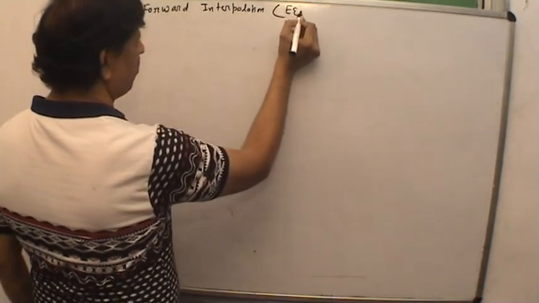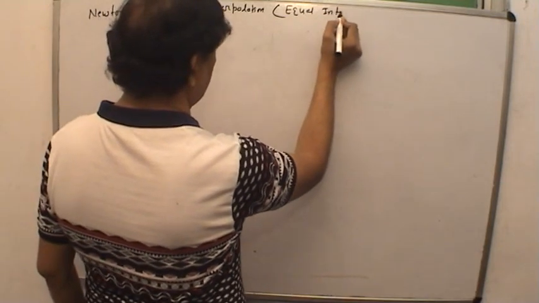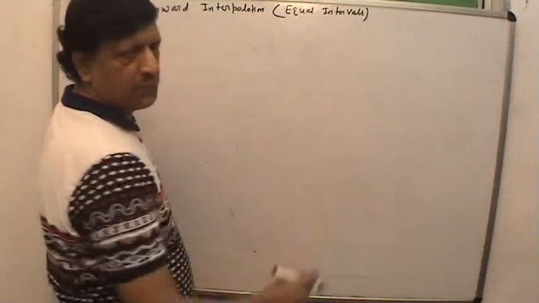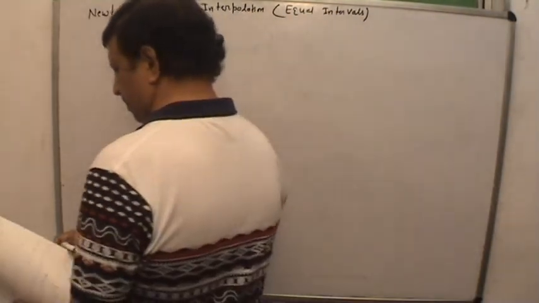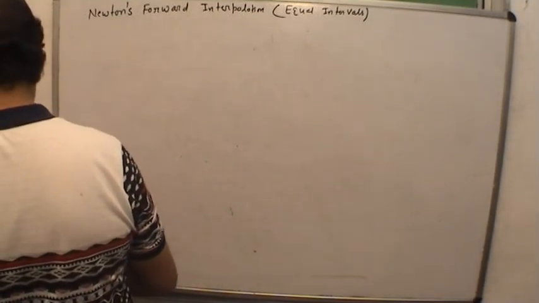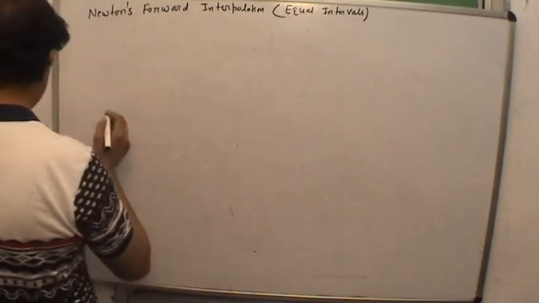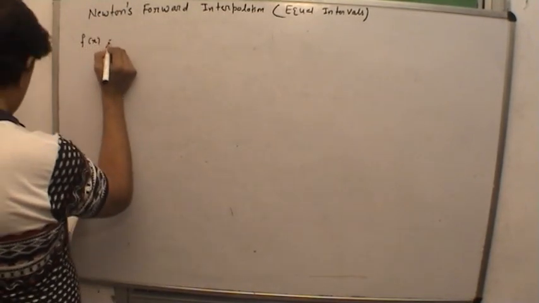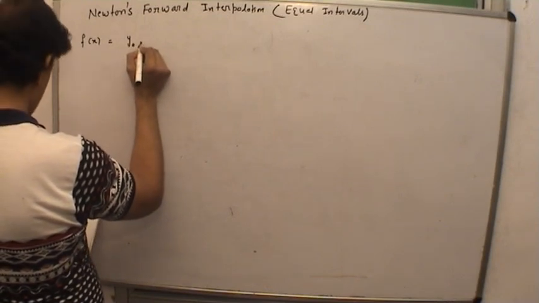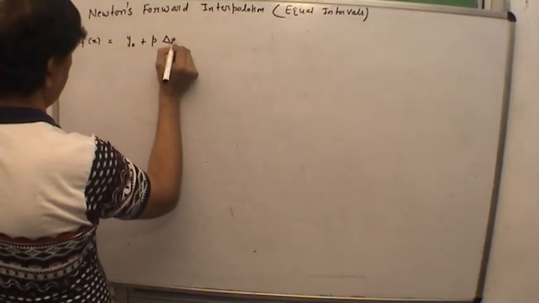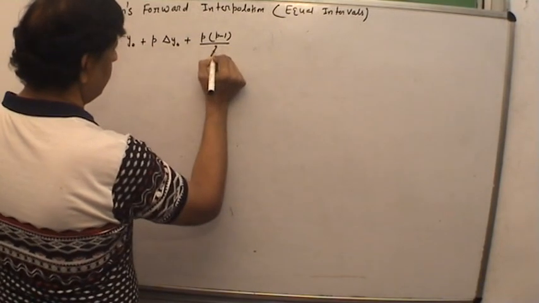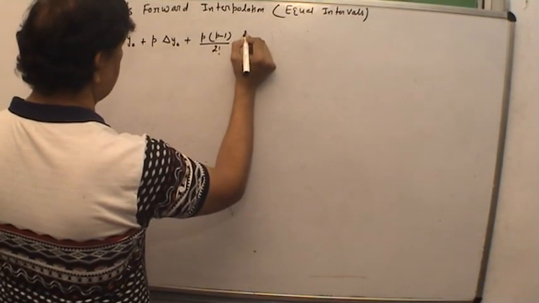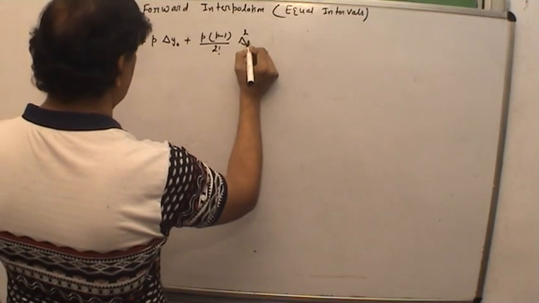It is for equal intervals. Here, first of all, we see the formula for the forward interpolation, that is f of x is equal to y0 plus p times delta y0 plus p into p minus 1 divided by 2 factorial into delta 2 y0.